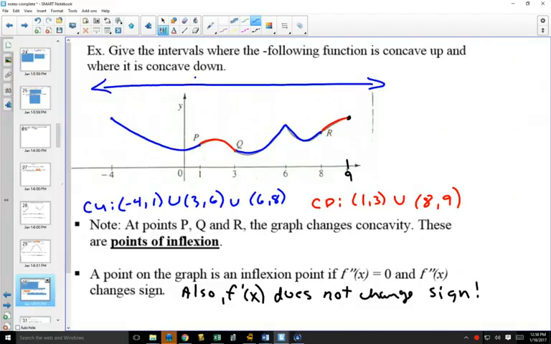And we would put point P, point Q, 6, which would be a non-permissible value, most likely, and R, all on that function. And you would plug values in and find out that some sections are positive, those are concave up. Some sections are negative, those are concave down.